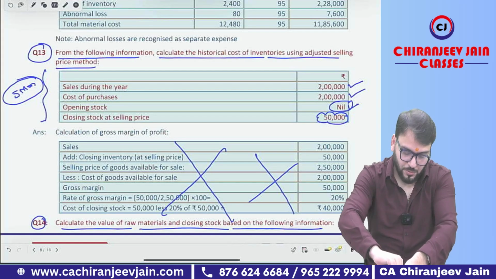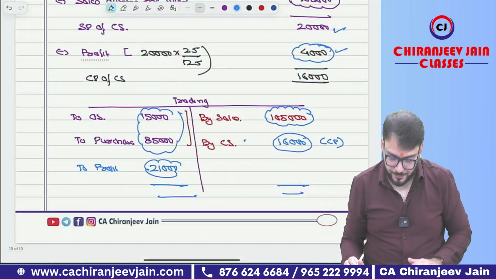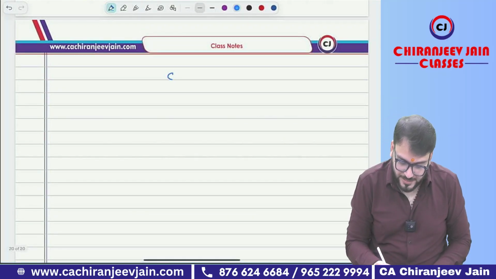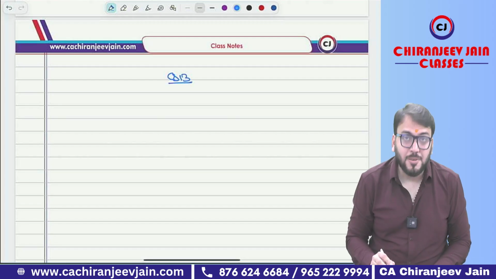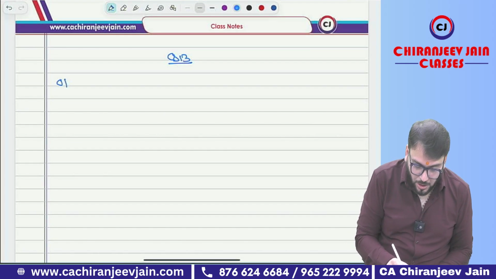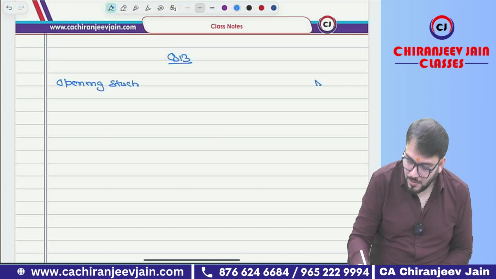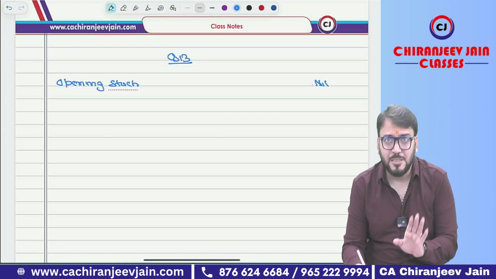Done? Chalo. I will help you out. Let's see what you have done and what was expected to be done. Opening stock, how much given? Nil. Always write down opening stock. There might be some opening stock.